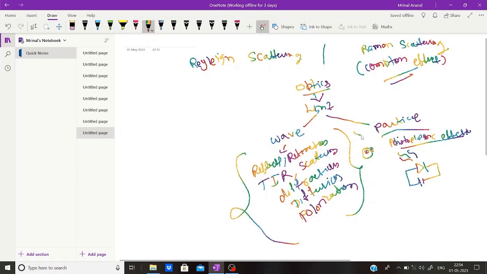Whenever a photon particle of light collides with the electron moving on the outermost orbit of the atom, the electron gets energy from the photon and leaves its orbit.